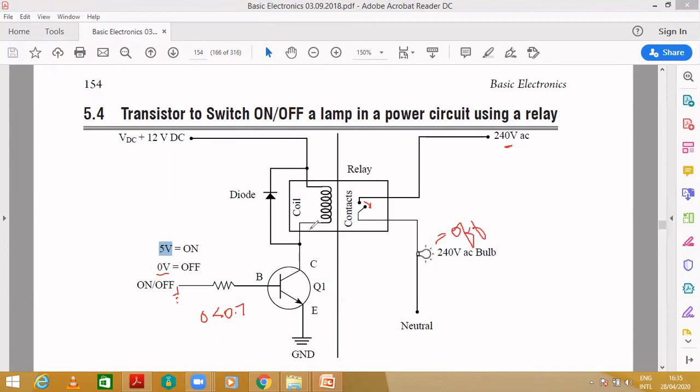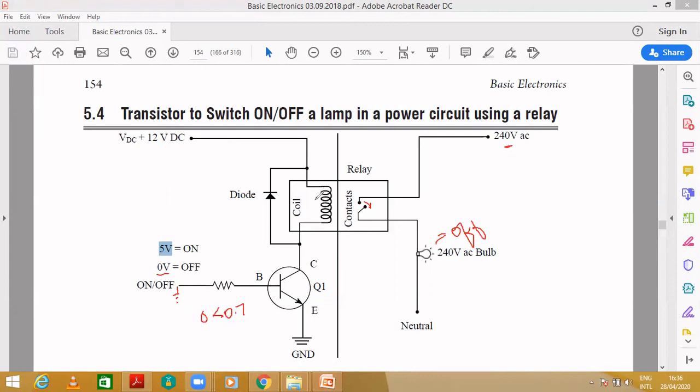But you may have the question, why do we need this diode and why do we need this 12 volts? Because if you suddenly give 0 volt to the transistor, the coil will start discharging. At that time, the reverse current should not harm or damage the transistor, and it should flow through another path. So that is provided by the diode. This is a freewheeling diode.